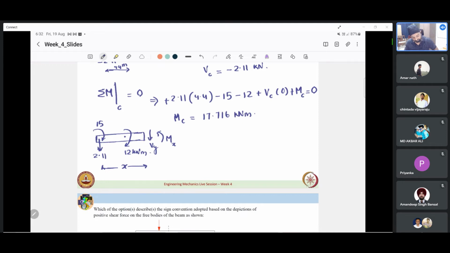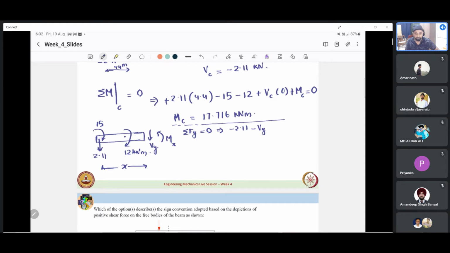So this is going to be a little interesting because it will give a moment equation which is a function of x. First, let us calculate the forces. Summation of Fy equals 0 gives us minus 2.11 because this is pointing downward in the minus y direction. Anything else? Minus Vy.